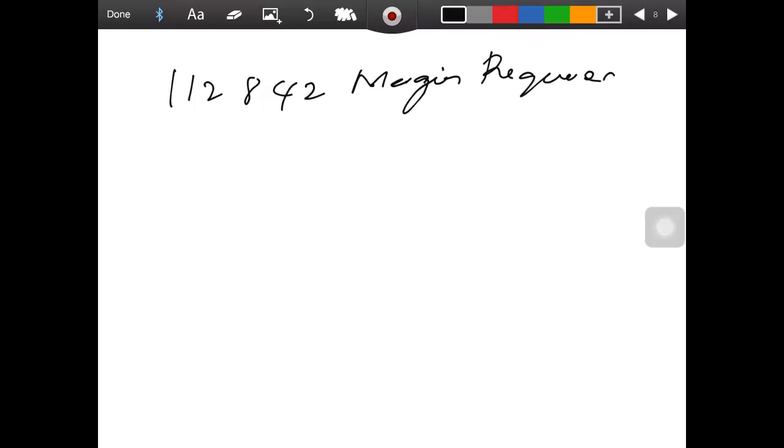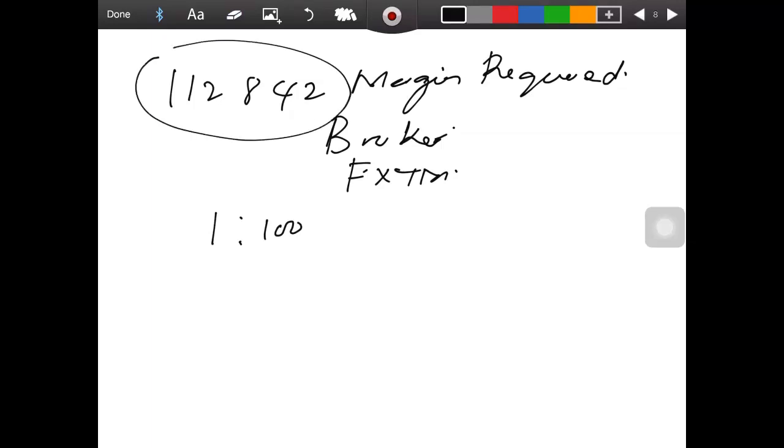So let's put it well. 112,842 is the margin required. Your broker, this time we are using FXTM, says I will give you a leverage of 1 to 100, meaning instead of you providing this amount, divide it by 100.